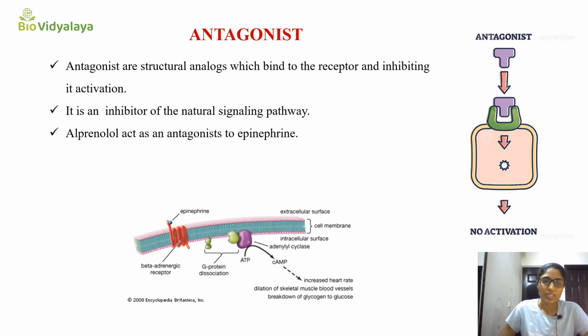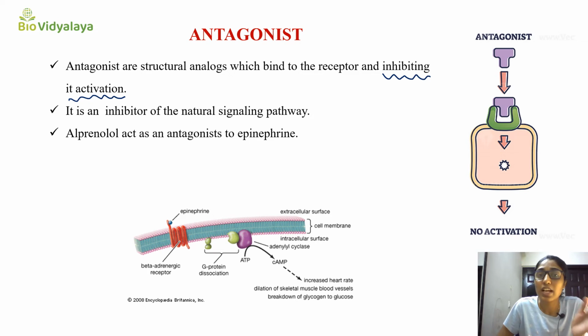Next is antagonist. Antagonists are structural analogs which bind to the receptor and inhibit its activation. So antagonists are opposite to agonists. You have to remember that an antagonist is a structural analog of the natural ligand, so it can bind to the same site where the natural ligand binds, or it can bind to a different site in the receptor, but its function is to inhibit the activation of the receptor.